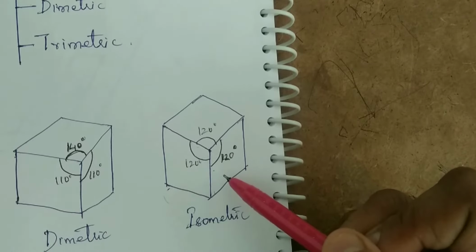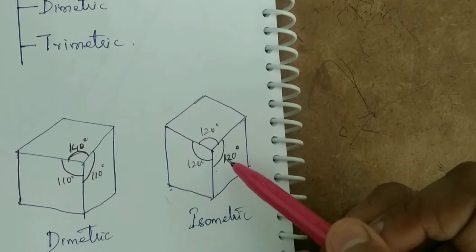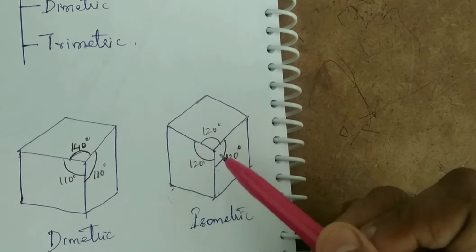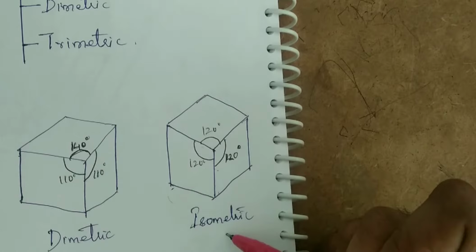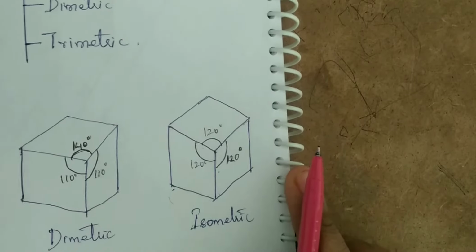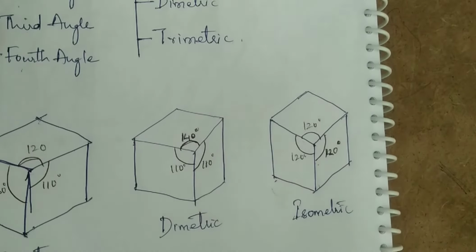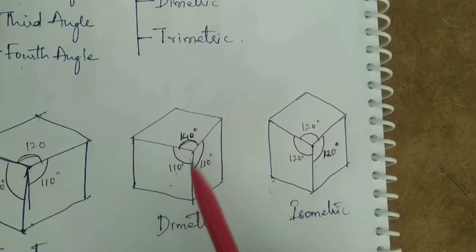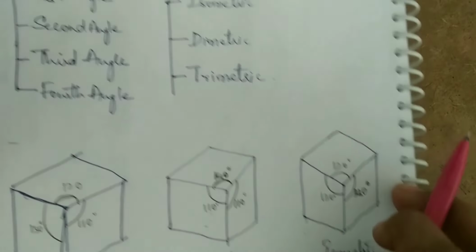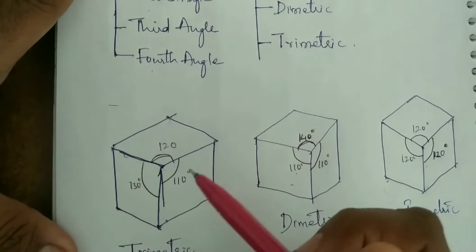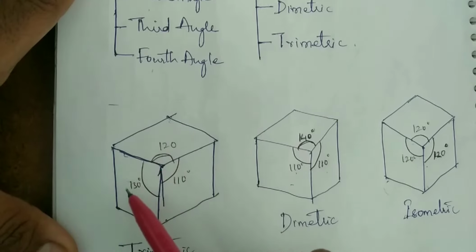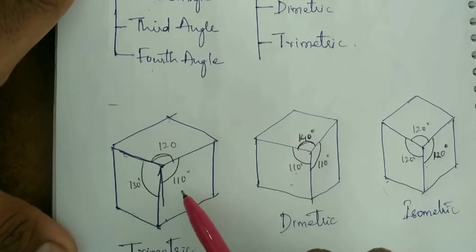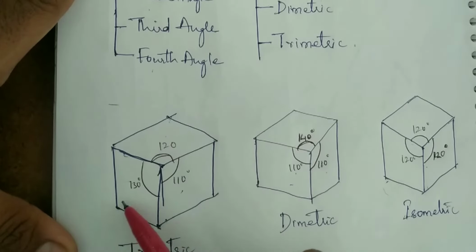When equal angles are maintained between all three faces, we say it is isometric projection. Whereas in dimetric, only two faces are maintained with the same inclination. That we say is dimetric projection. And in trimetric, there is no equality between the angles maintained among the faces, for example 110, 120 and 130 degrees.